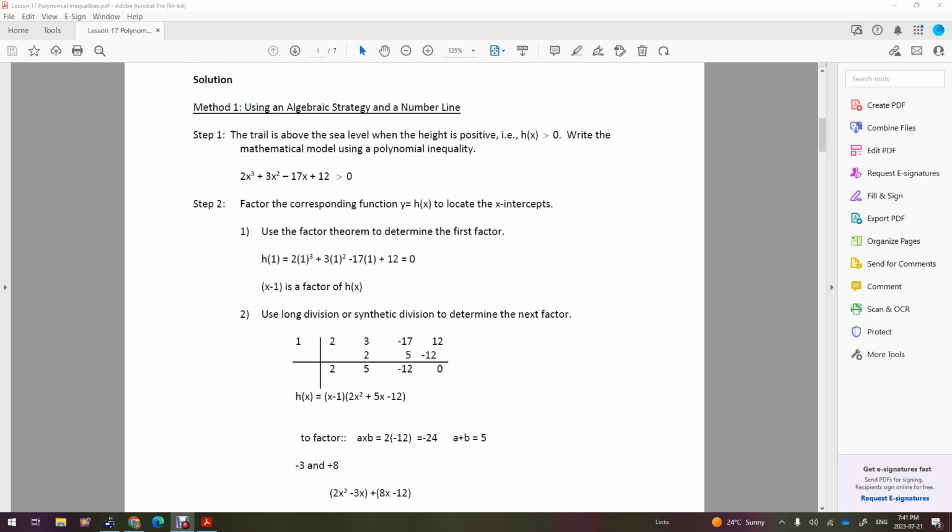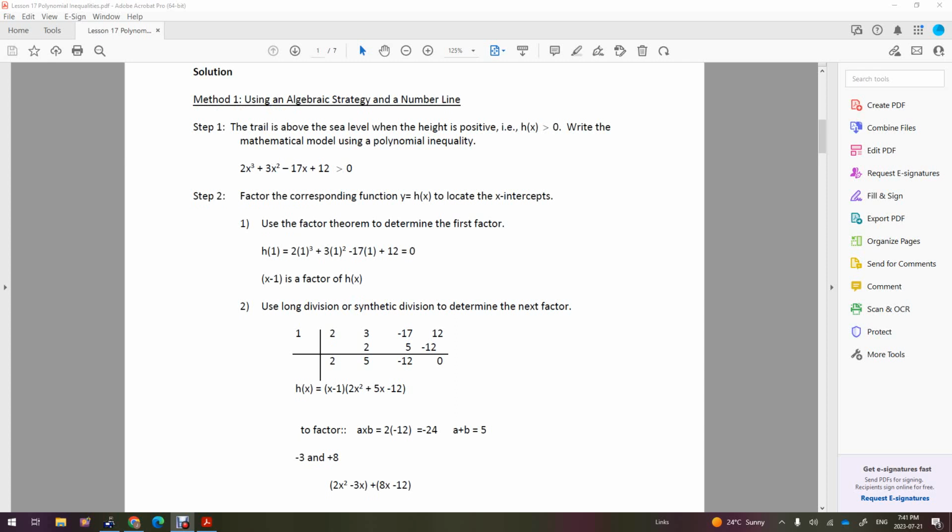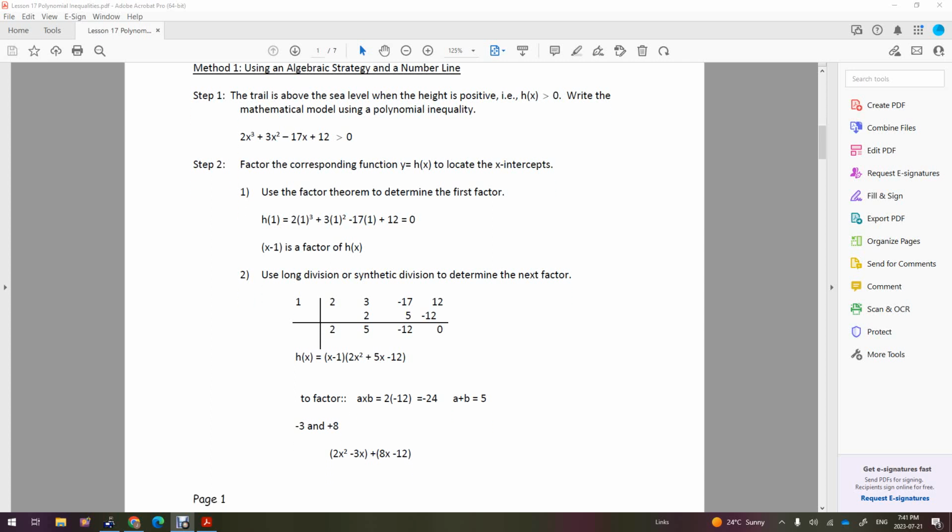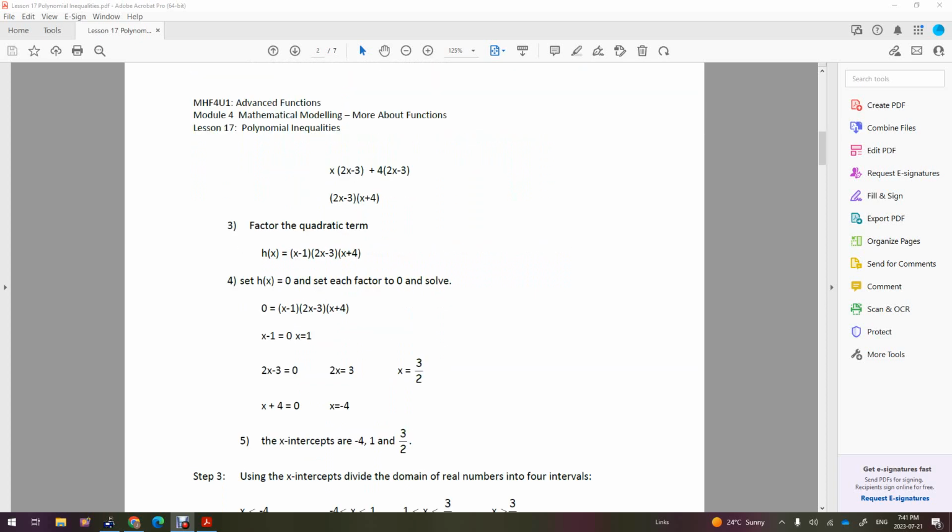So, to factor, we remember that a times b will be 2 times negative 12, which is negative 24, and a plus b is 5. So negative 3 and 8 will give us 2x squared minus 3x plus 8x minus 12, to break it down into groups of 2.